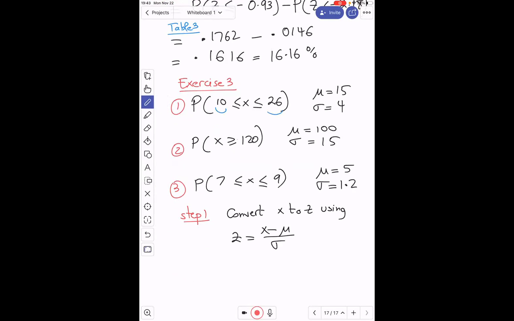So we need to convert 10 to z in the standard normal distribution, and the same for 26. You need to convert your 26 to some value of z using this formula here, right? And then in step number 2, you need to use the table. Step 2, use your table.